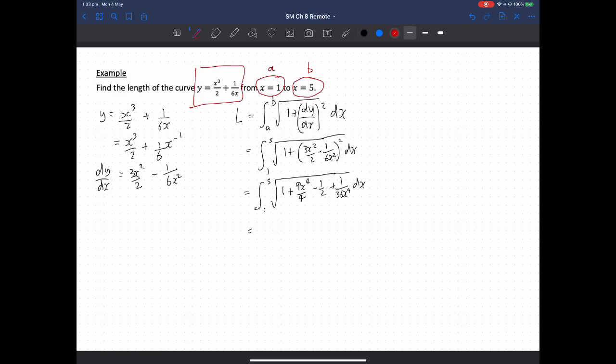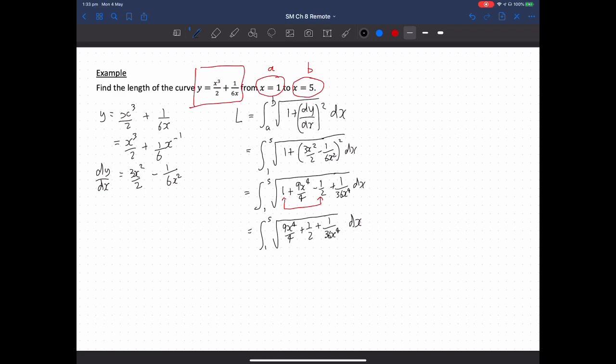Now we're going to combine the 1 and the minus a half. When we do that, we now have the integral from 1 to 5 of the square root of 9x to the 4 on 4 plus 1 half plus 1 on 36x to the 4, dx.